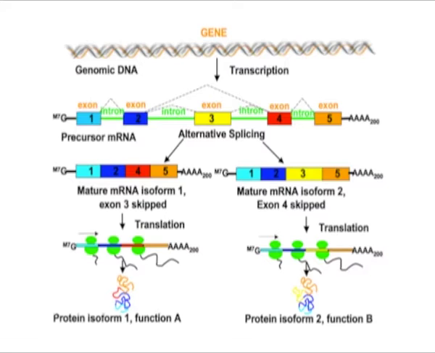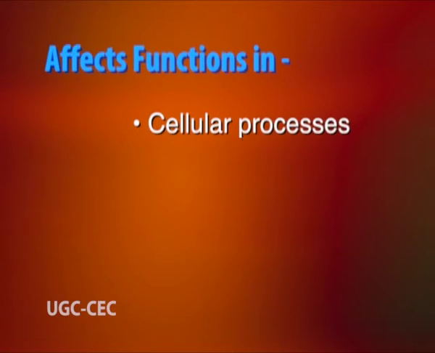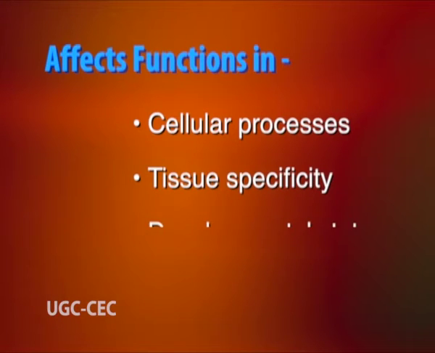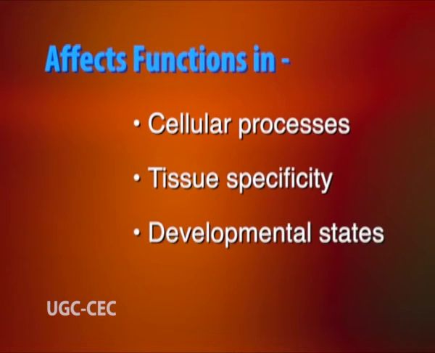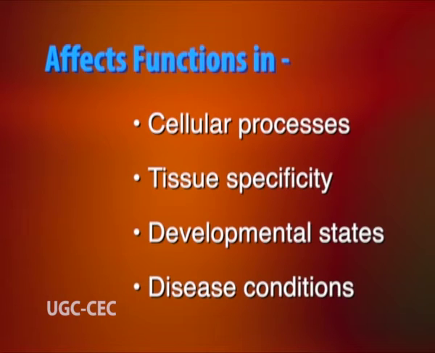Exons can be extended or skipped, or introns can be retained. Alternative splicing generates a tremendous amount of proteomic diversity in humans and significantly affects various functions in cellular processes, tissue specificity, developmental states and diseased conditions.